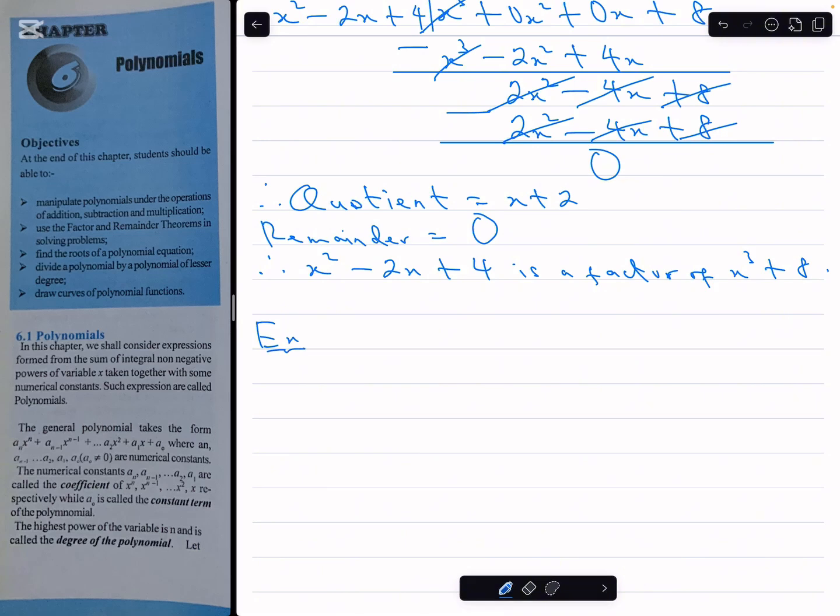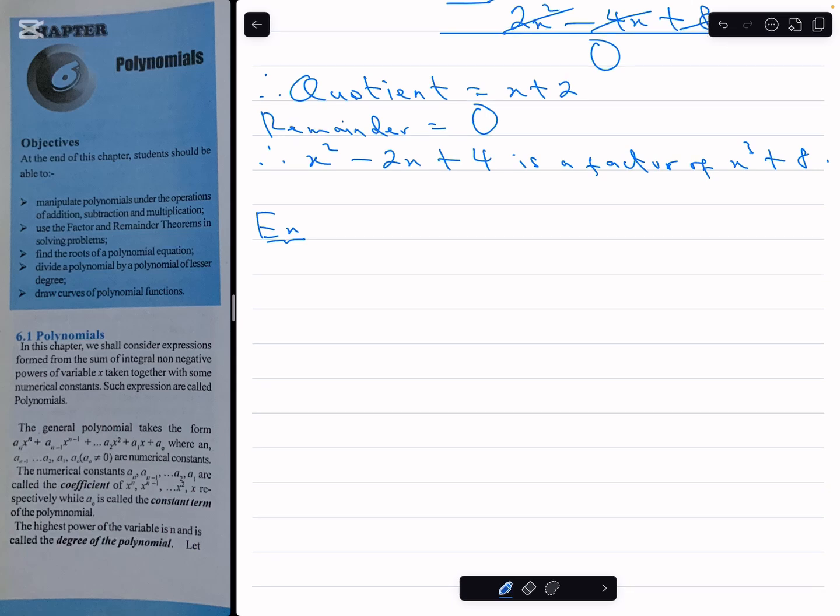Find the quotient and remainder when we divide 6x cubed plus 4x squared minus x plus 5 by x cubed minus 3x plus 2.